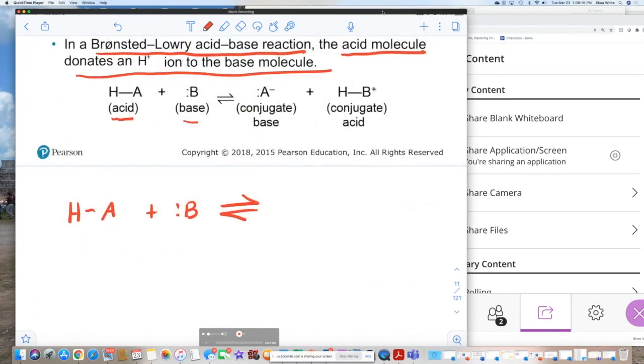If they give you the reactants only, you cannot tell which is the acid, which is the base. If this is all you have, honestly, your answer will be, I can't tell, because you don't have evidence of who gave hydrogen and who received hydrogen, right? But once the transformation has taken place, HA, the bond here broke, so now A is left with the lone pairs and is negative, and then somehow B magically got a hydrogen ion, and now it's charged.